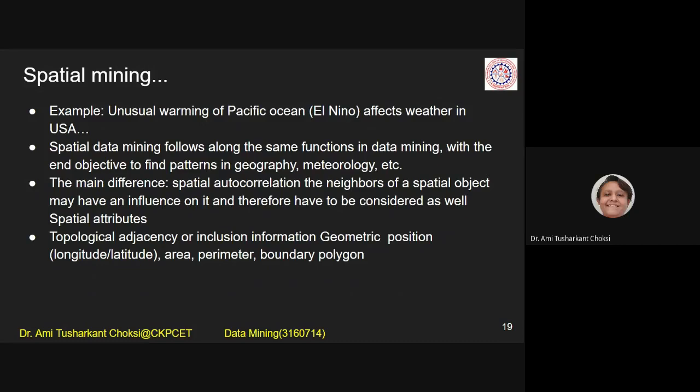What we are talking about is the unusual, which may be the reason to create a problem in the weather. Like too much temperature increase will be there, and based on that some disease will be there or something like this. So this is the example, right?